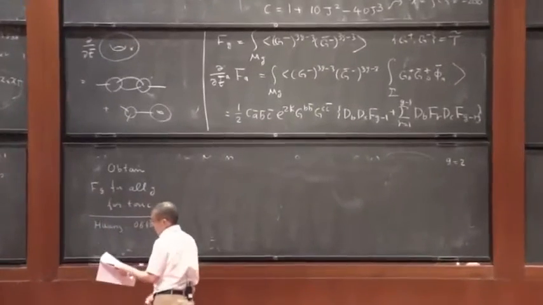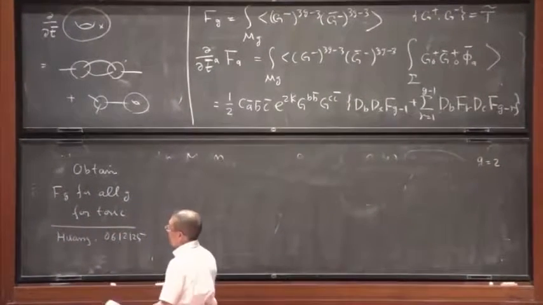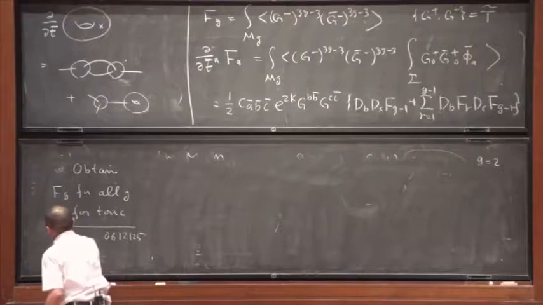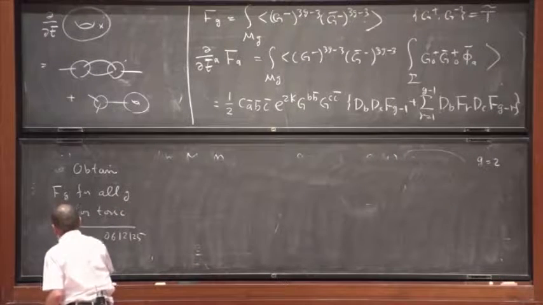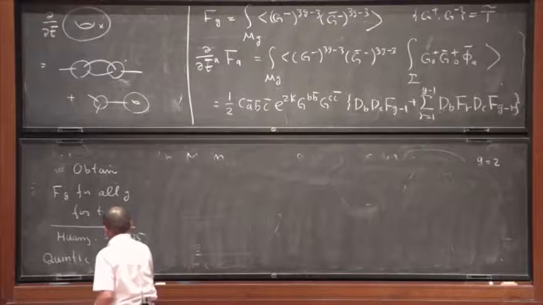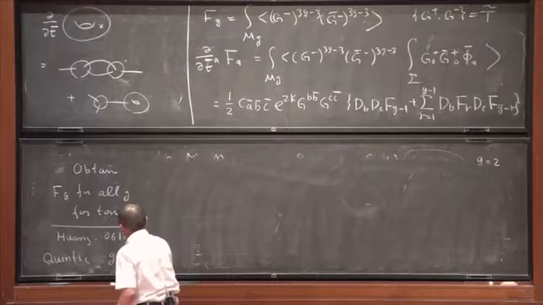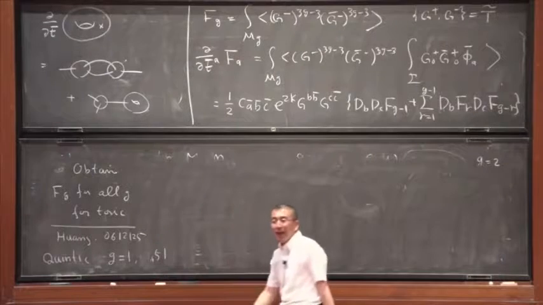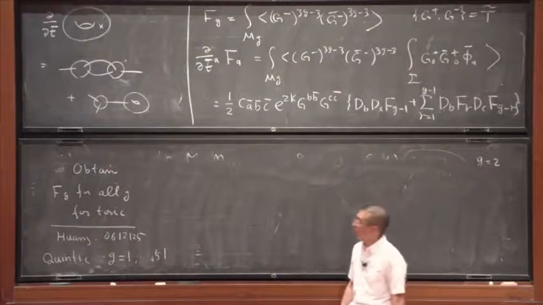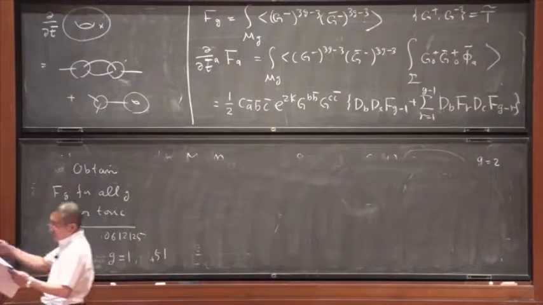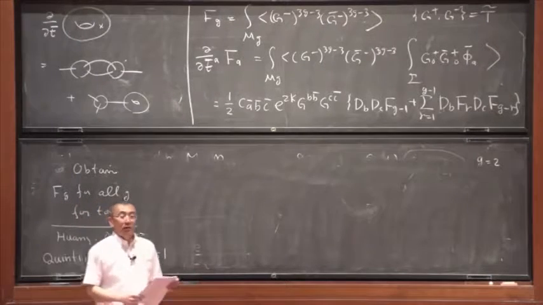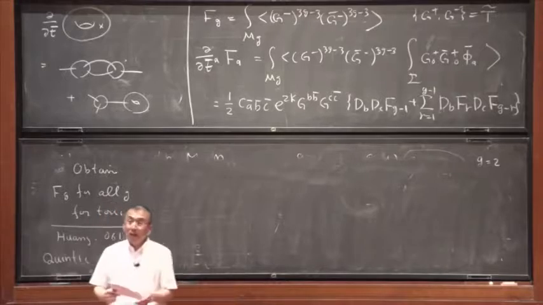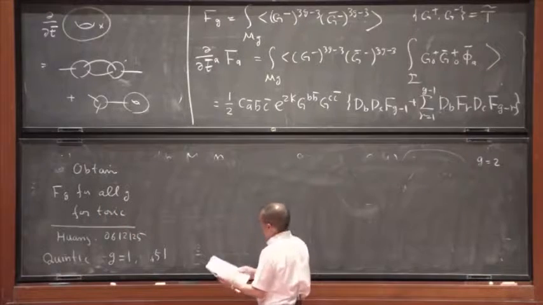In this paper, they use these three conditions and the holomorphic anomaly equations to compute F_g for the quintic. And they found that you can determine it from g equals 1 to 51. For now, 51 is as high as you can possibly go. And in order to go higher, it looks like you need to know a little bit better about the boundary condition. And that may be doable, and that would be very interesting to do.